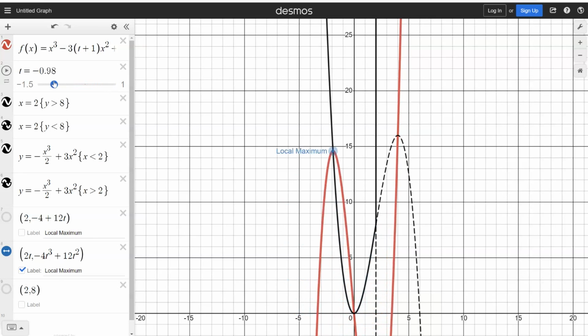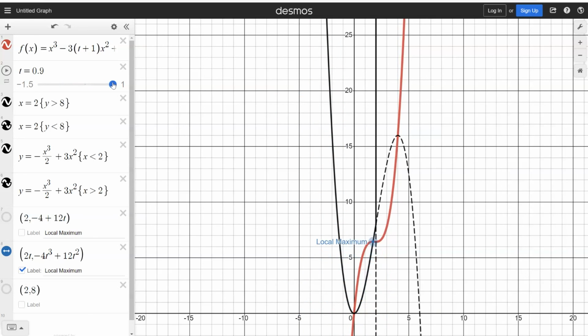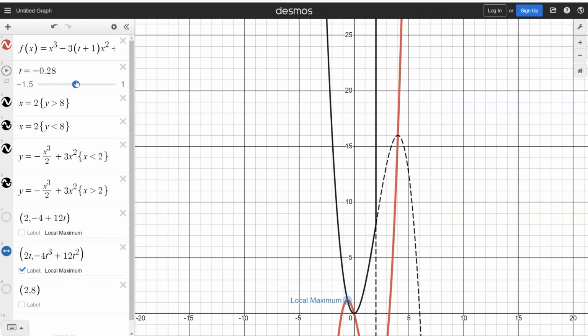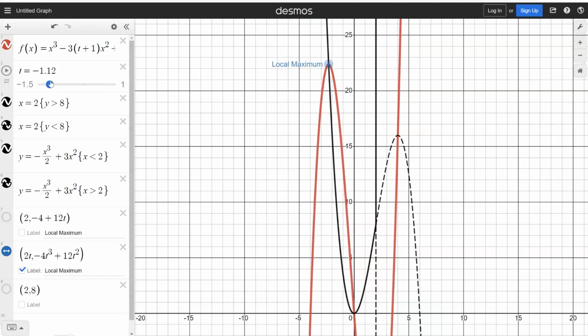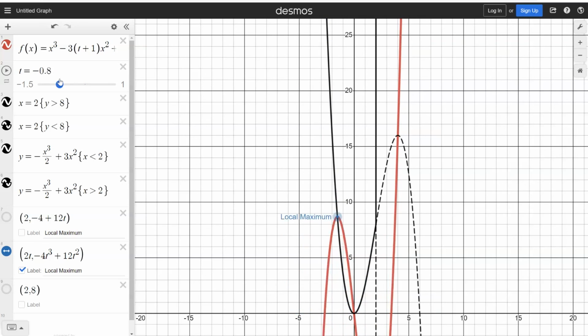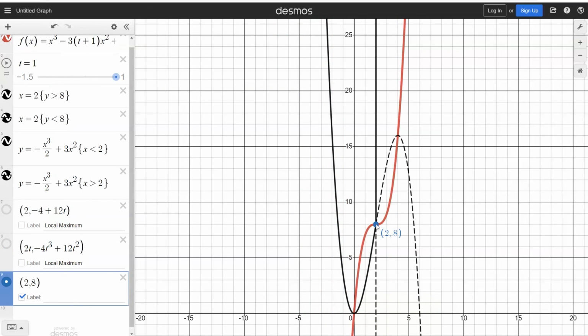Now let's take a look at case 2 where t is less than 1. Here, as you change the value of t, you can see that the local maximum point moves on the black solid curve, which is the cubic function that we have obtained for the equation of the locus in this case. And finally, let us take a look at this point (2, 8), which was excluded from the locus.